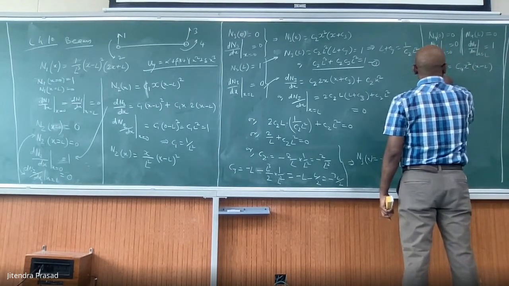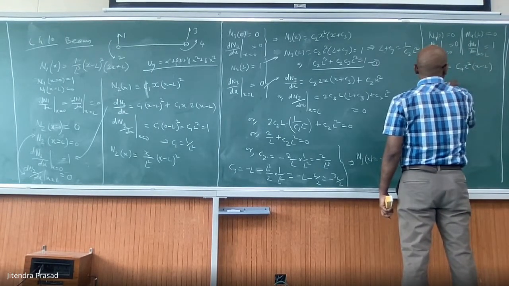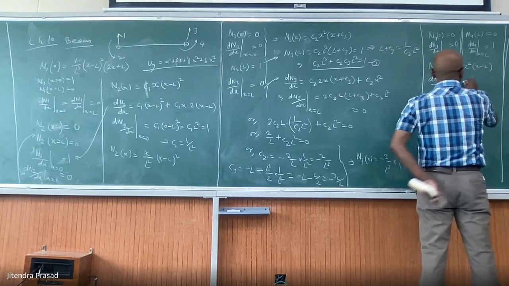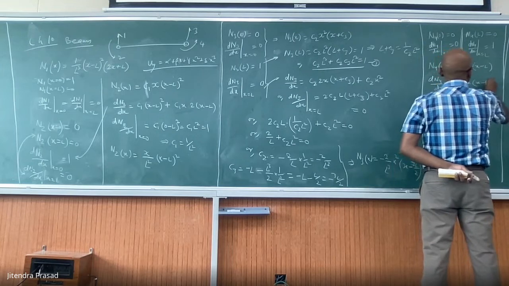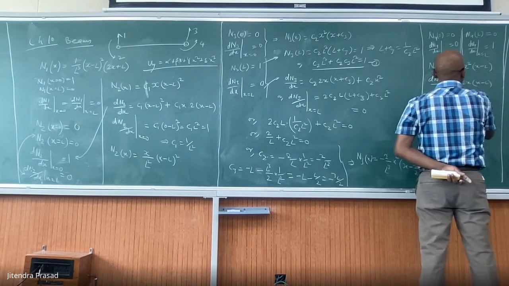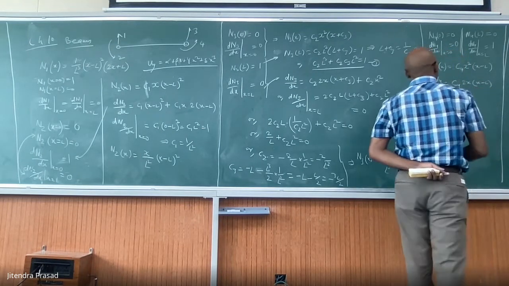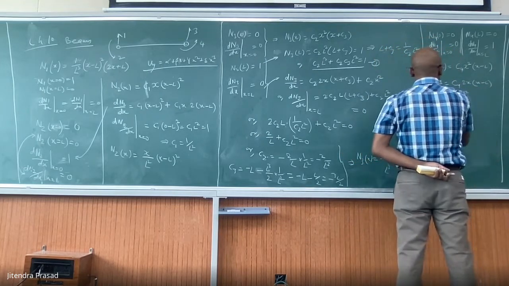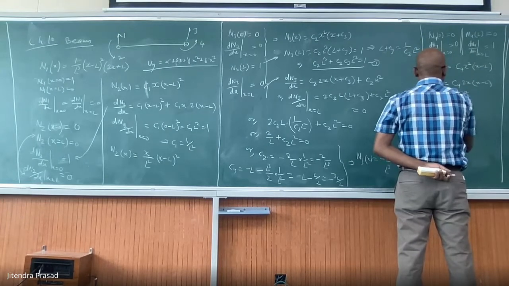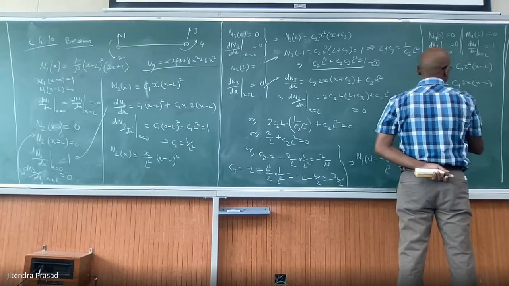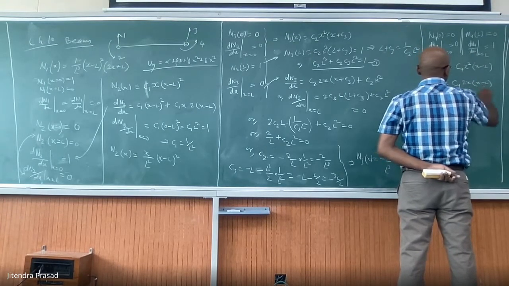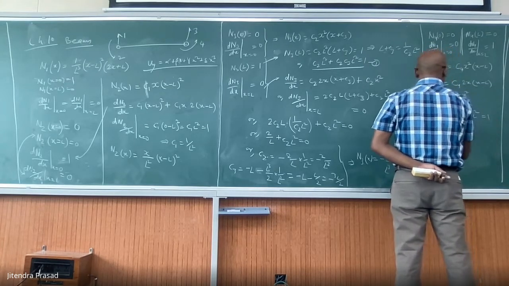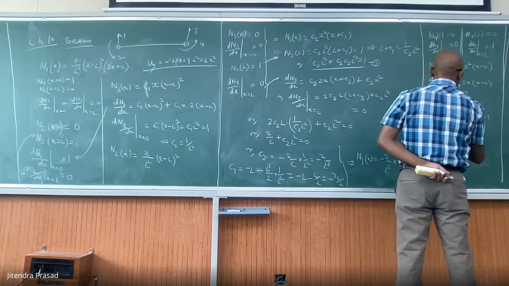So dN4/dx is equal to C4 2x (x minus L) plus C4 x square. Then dN4/dx at x equal to L is equal to C4 L square is equal to 1, so C4 is equal to 1 over L square.